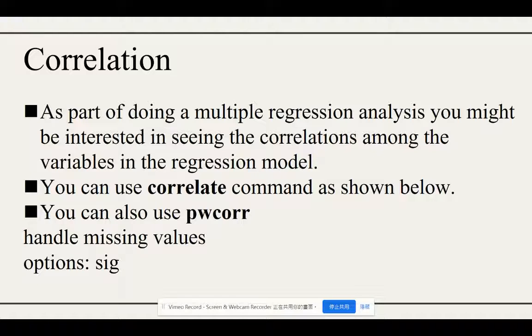Okay, and in the following, we want to introduce the correlation. You can use the correlate command as shown below, or pairwise correlation. This one is approximate, handling the missing values. It can estimate with missing values by the pairwise correlation.